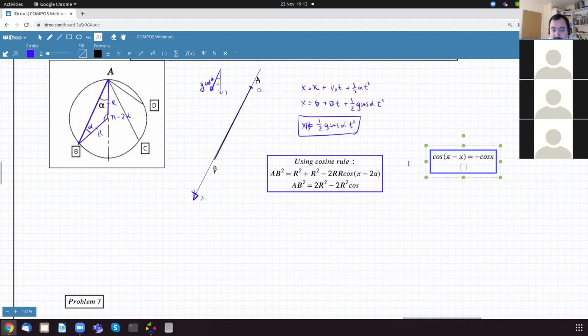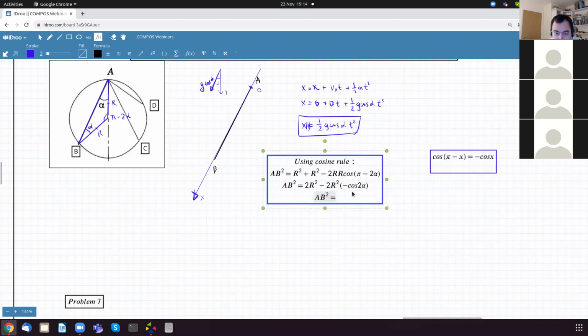That means that this can be replaced by minus cosine 2 alpha. So AB squared is equal to 2r squared, open bracket, 1 minus cosine 2 alpha.